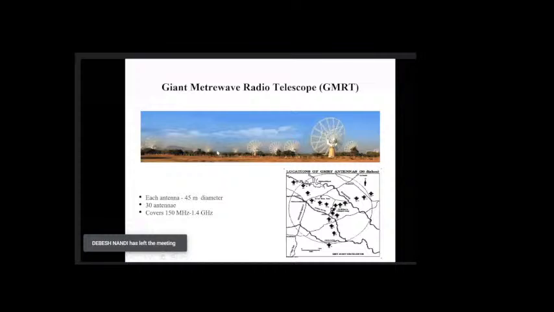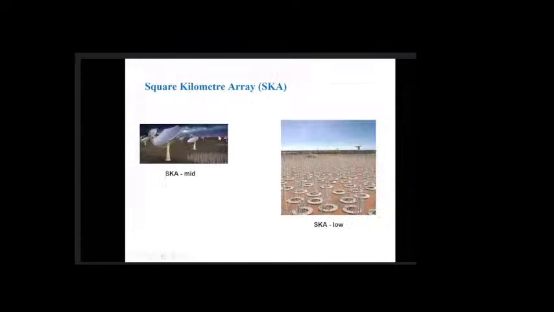Then the next big telescope that is coming up is the Square Kilometer Array. The Square Kilometer Array will be the world's biggest radio telescope, and it has two parts. One is SKA Mid and the other is SKA Low. SKA Low will be built in Australia, and SKA Mid will be built in South Africa. Basically, it is a single telescope, but it is so big that it is spread across two different continents.